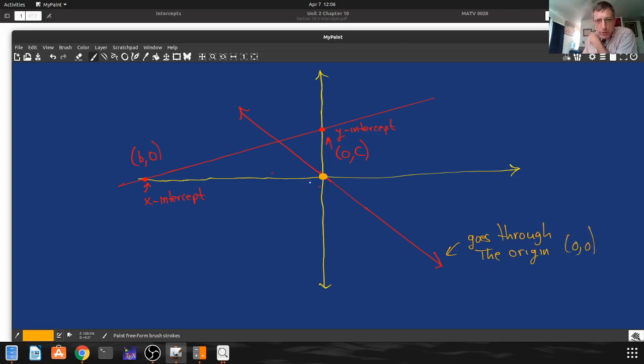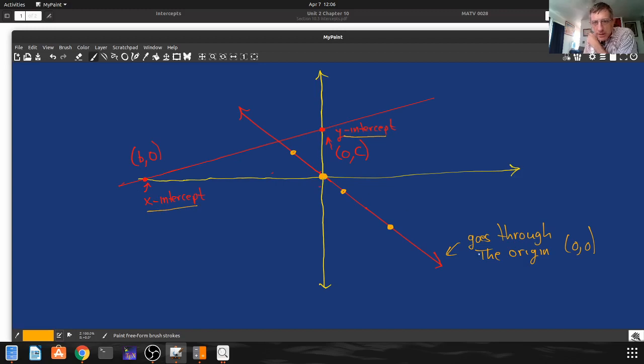So in order to plot it, I need to find another point. It could be a point down here, or up here, or up here. It doesn't matter. I need 2 points. Here, in this case, my y-intercept and my x-intercept give me 2 points.